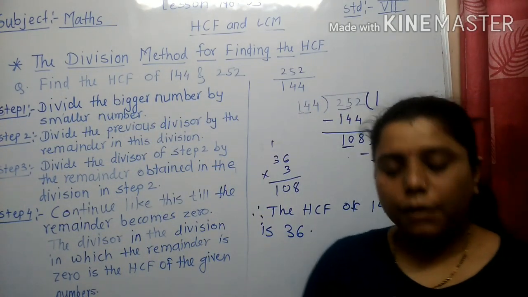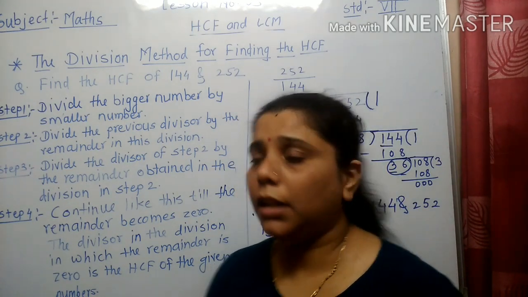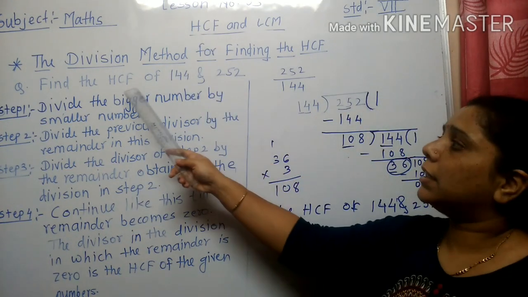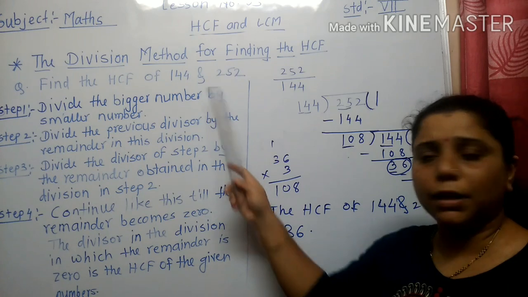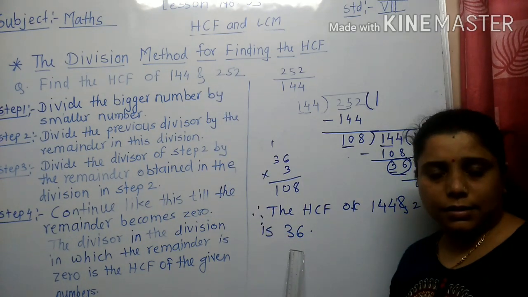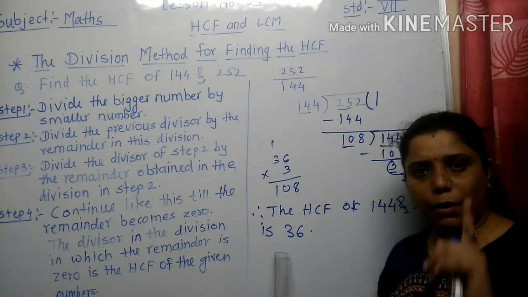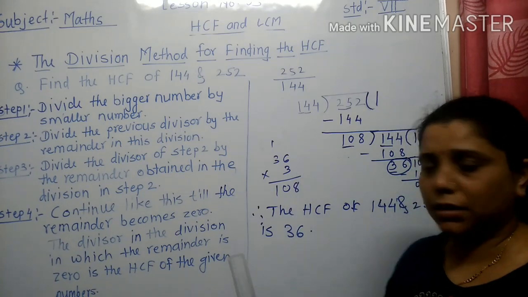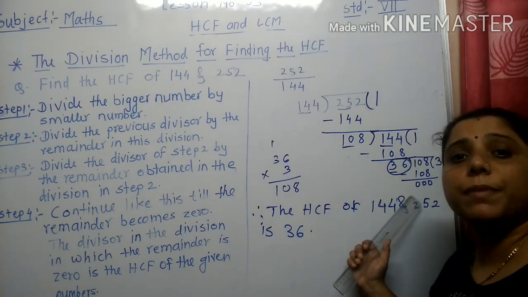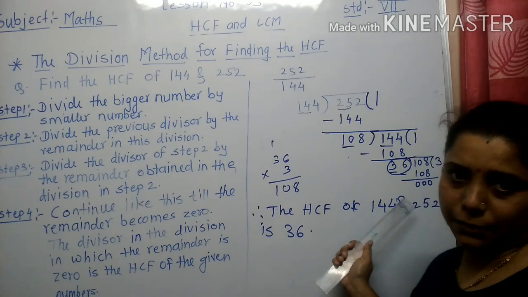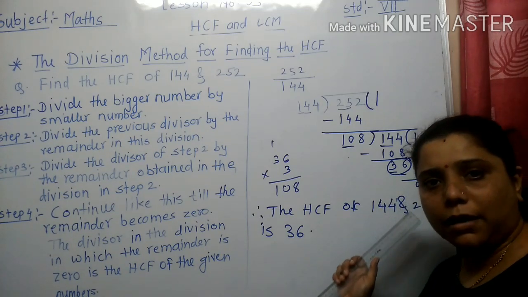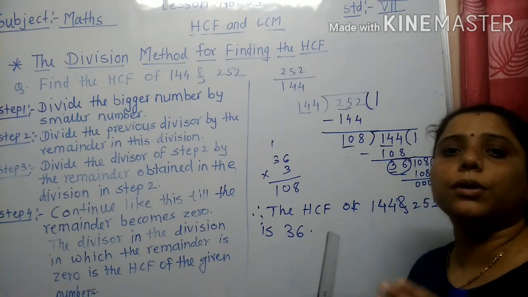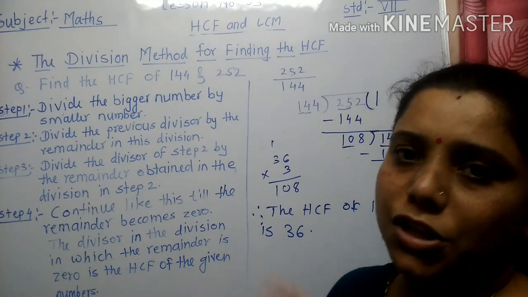Understood? So with the help of the division method, the HCF of these two numbers is 36. Remember one thing: in the division method, your remainder must be 0. That is one condition. Till your remainder is 0, you have to give the continuous division.